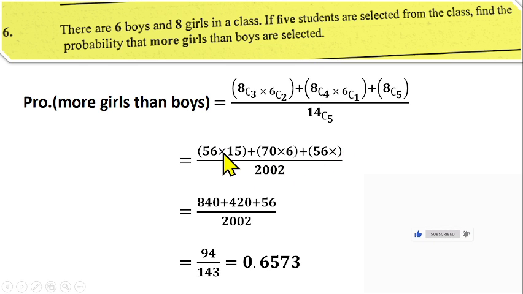Then if you simplify it, you have 840 plus 70 times 6 gives us 420, 56 times 1 gives us 56, over 2002, which is 14 combination 5. Then simplify it, you have 94 over 143, or you can simply write 0.6573 as a decimal number. So that's the solution for question number 6.